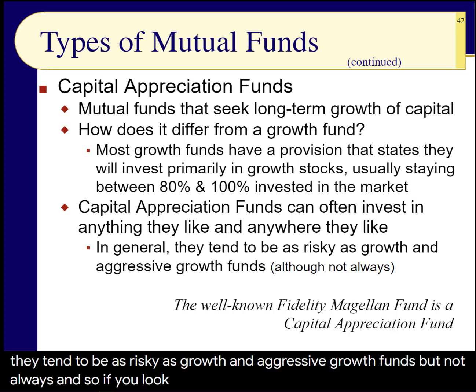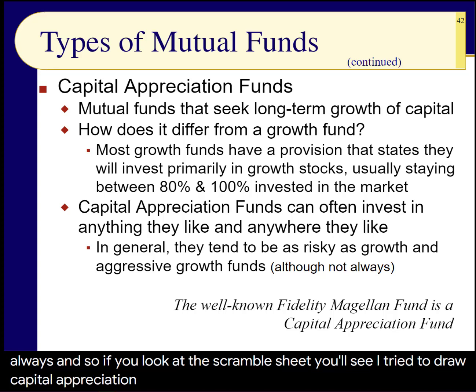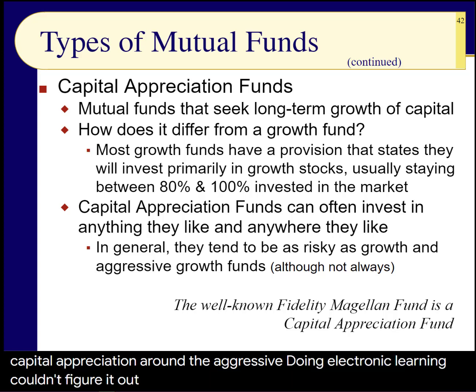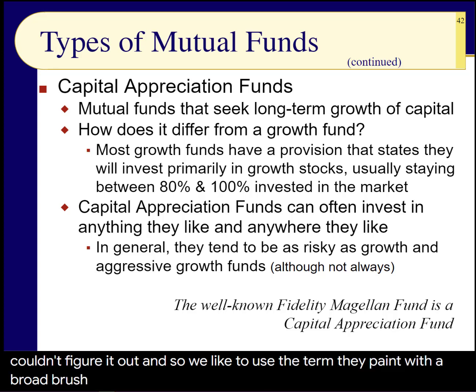And so if you look at the Scramble sheet, you'll see I tried to draw capital appreciation around the aggressive growth and the growth funds. And again, I tried to do it electronically and I couldn't figure it out. And so we like to use the term, they paint with a broad brush.